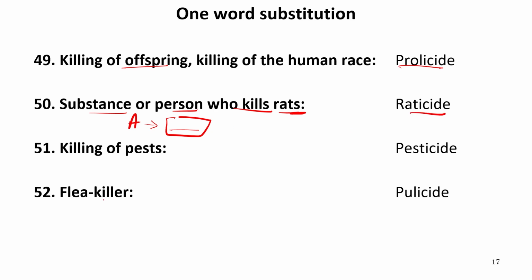So the substances, the poison, the chemical that one uses in one's house for killing rats, that is known as raticide. Then killing of pests. Again, we just add the suffix cide, so it will be pesticide. Flea killer, fleas being some kind of insects, is known as pulicide. Now let us move to the next one.